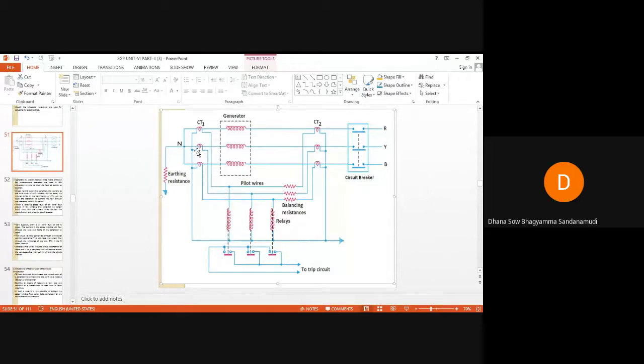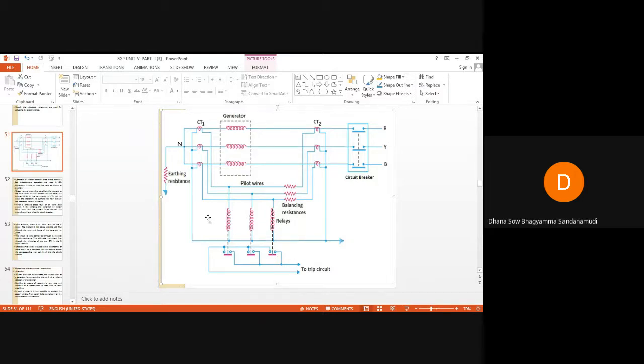When the current is very low, it won't reach the preset value of the relay coil, so even though the fault has occurred nearer the neutral, these relay coils will not operate.